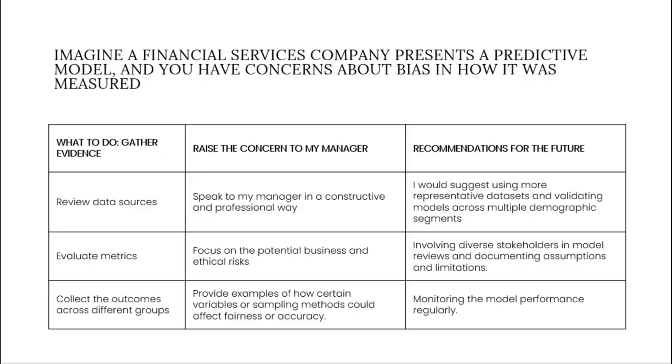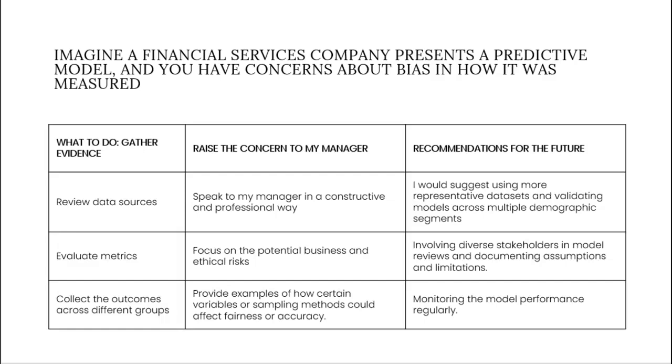If I had concerns about bias in how a predictive model was measured, I would first gather evidence by reviewing the data sources, evaluation metrics, and outcomes across different groups.